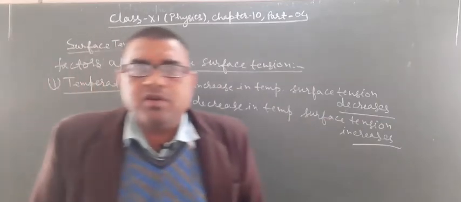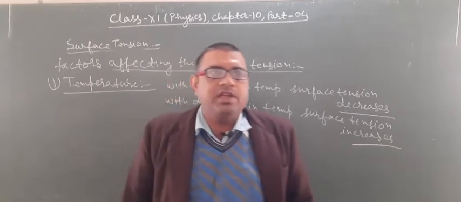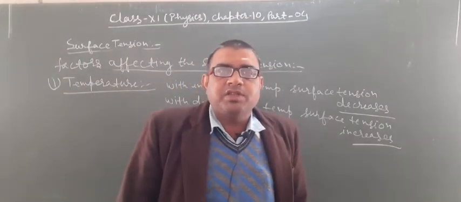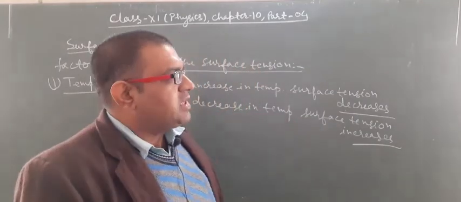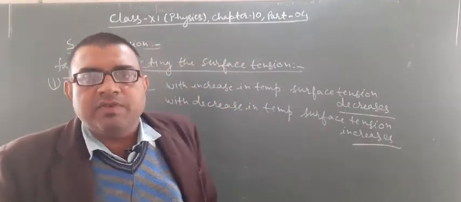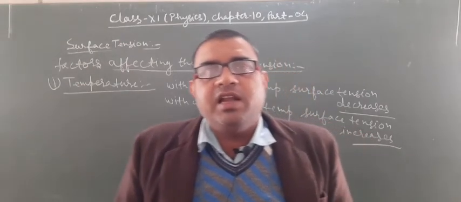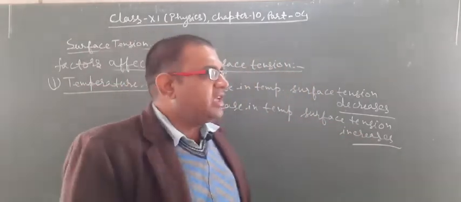Now, if we continuously increase the temperature of the liquid, a certain temperature is reached when the liquid loses its surface tension, and that temperature is called the critical temperature.